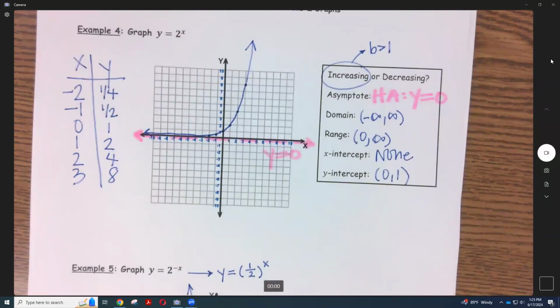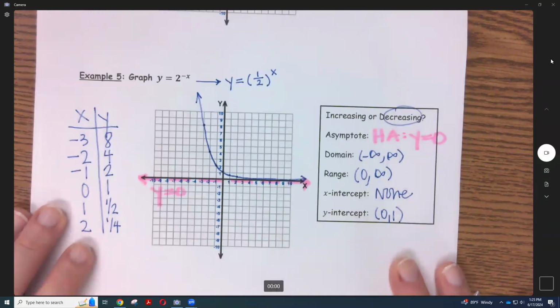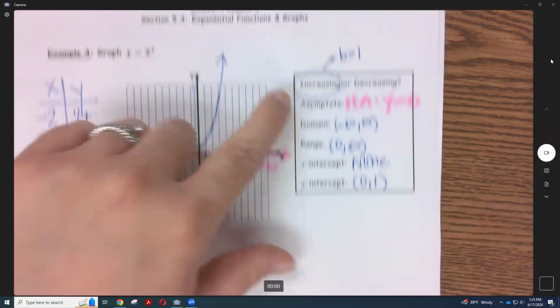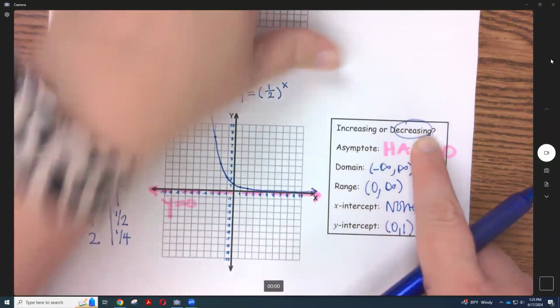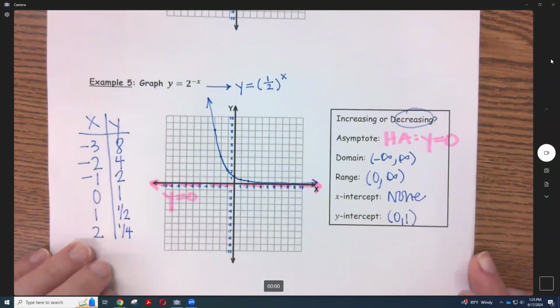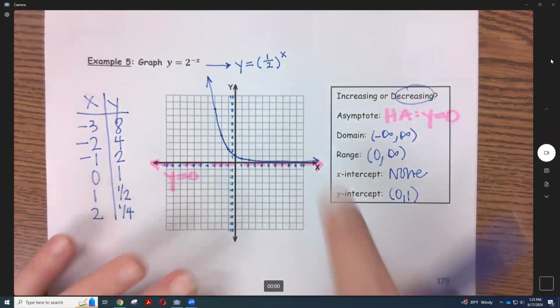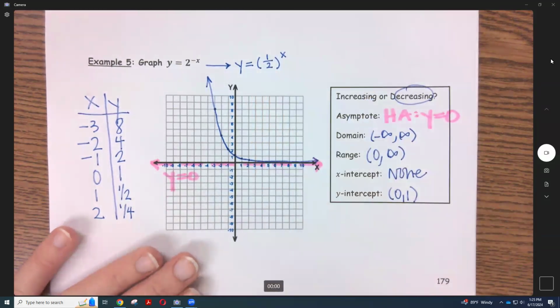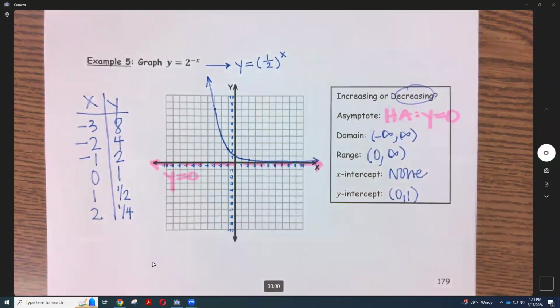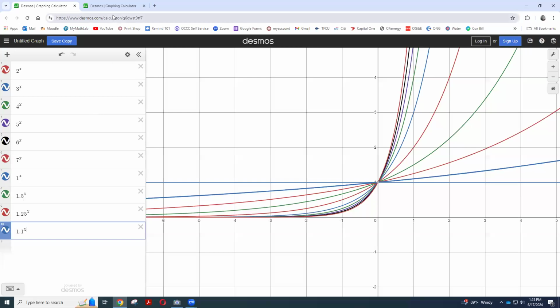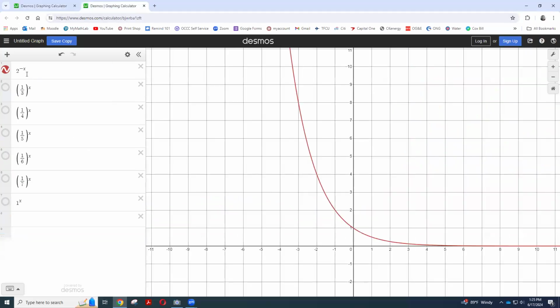So as you can see, these are almost identical, like in these boxes. The only thing that's different is one's increasing and one's decreasing. Now let's explore what happens when I have different bases here. So we just graphed this one here, 2 to the negative x.